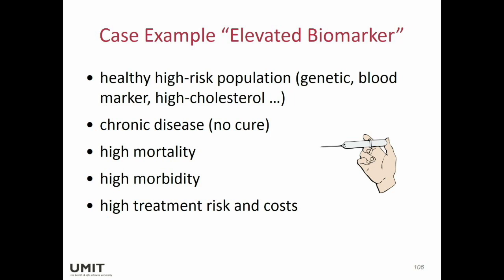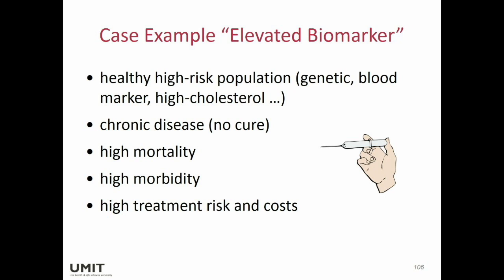In our example, we think about a healthy population that is at high risk because of some genetic disorder. They could develop a chronic disease where there is no cure. These people have a high mortality and high morbidity.